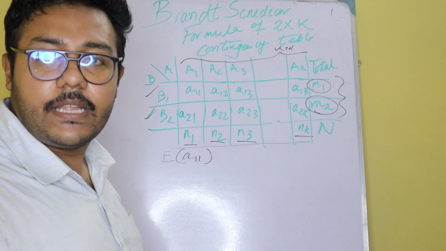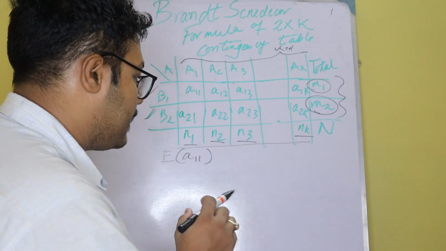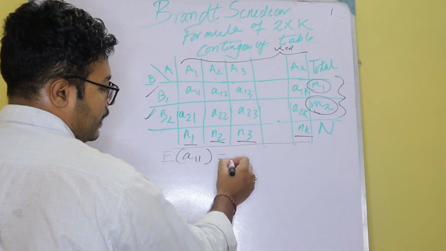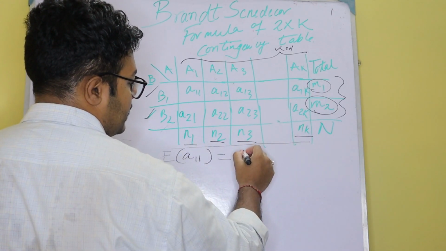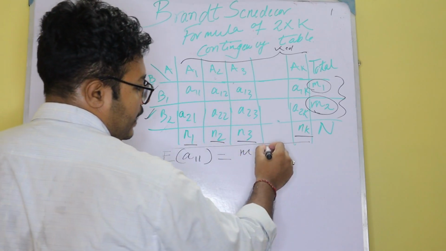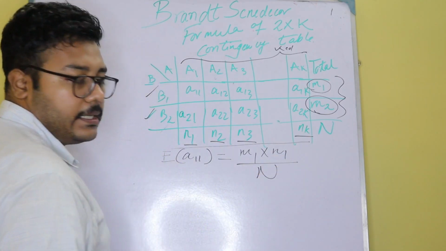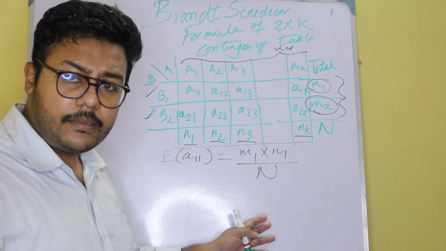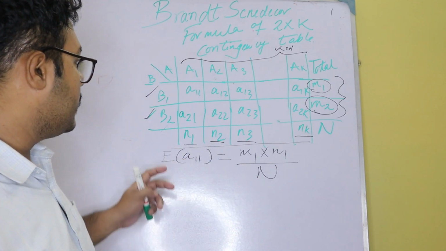I have already shown you the expected value; expectation I have discussed in previous sessions. The expected value of A11 will be the sum of the total row of A11, that is M1, multiplied by the sum of the column, that is N1, this whole divided by N. This will be the expectation E of A11.